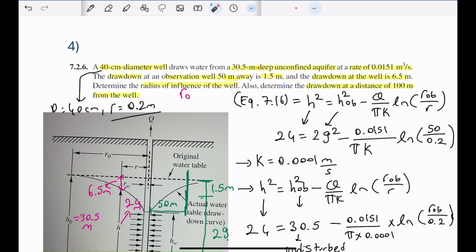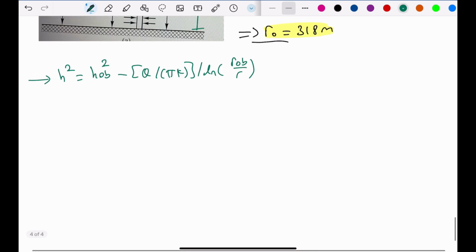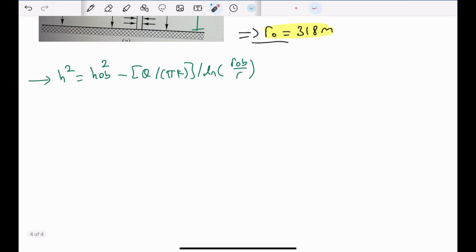And now we need to determine the drawdown at a distance of 100 meters from the well. So this time we need to find this value so that we can end up with the drawdown.